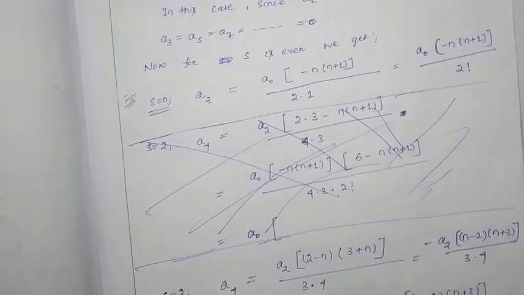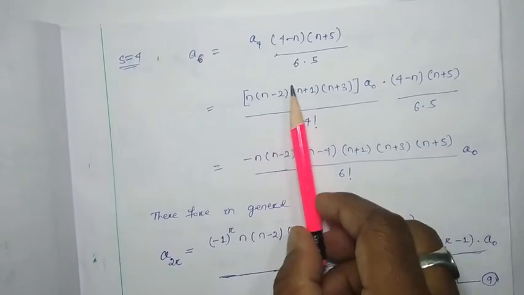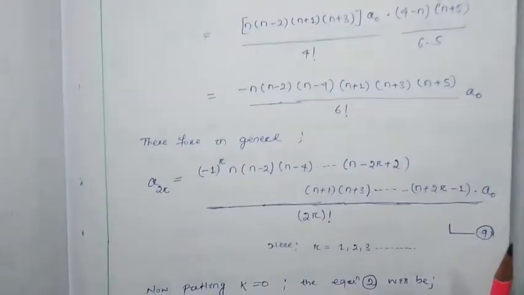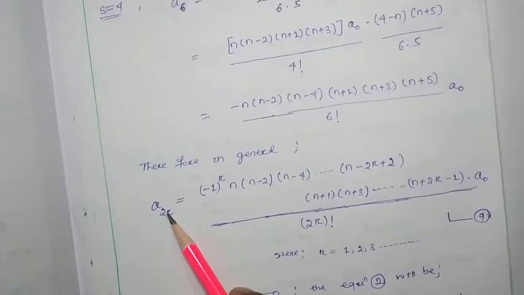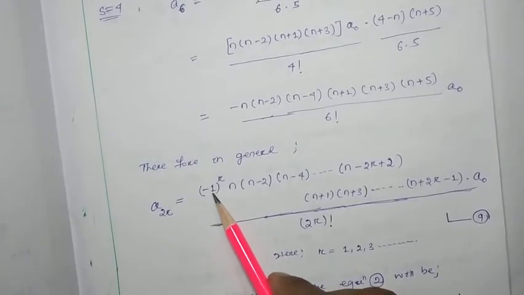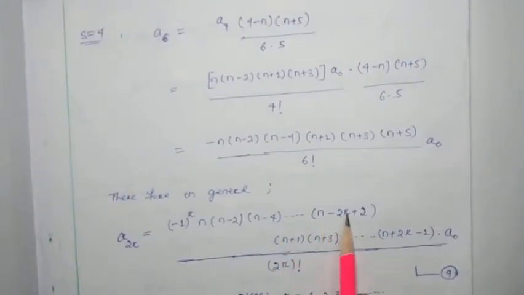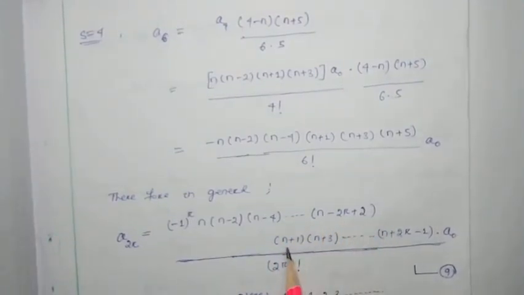Okay, so that means in this way we found this is our first term, this is our second term, and this is our third term. Okay, for that if we are going to consider A2R, we can write minus 1 to the power r. In general we can write n into n minus 2 into n minus 4 up to n minus 2r plus 2 into n plus 1, n plus 3 up to n plus 2r minus 1 into A0 by 2r factorial.